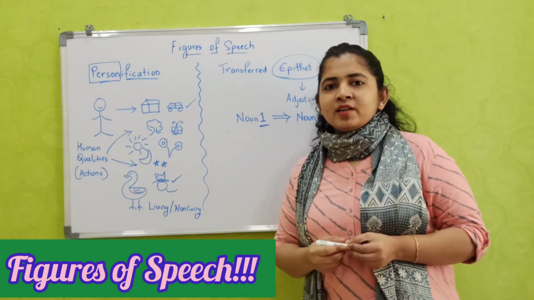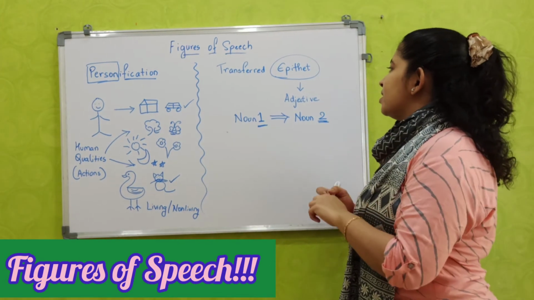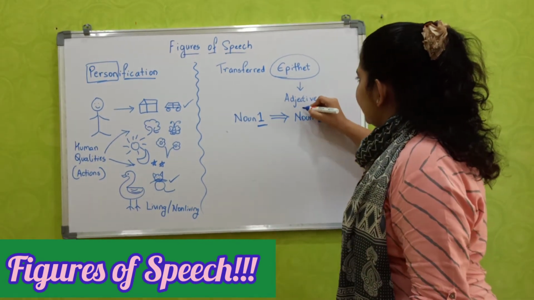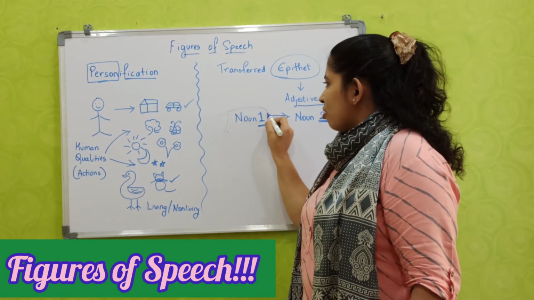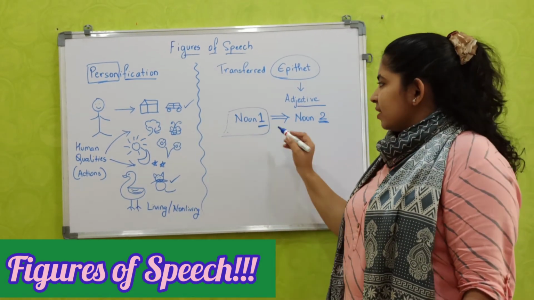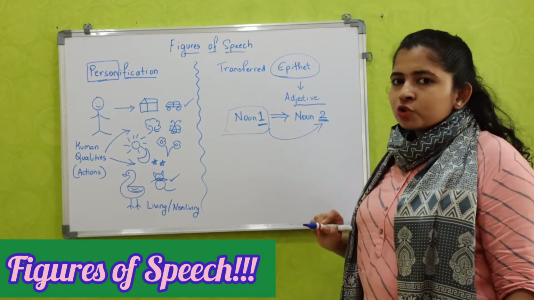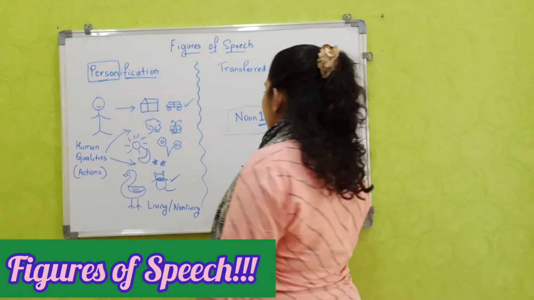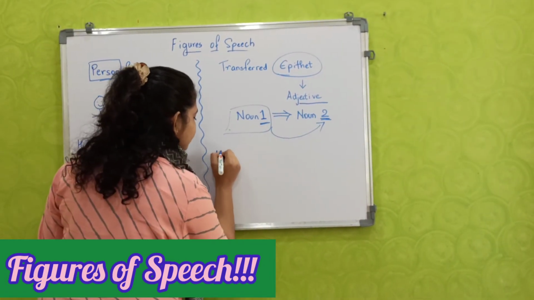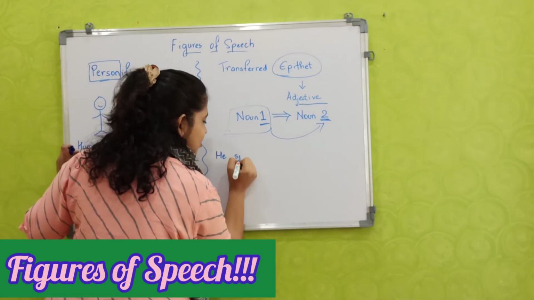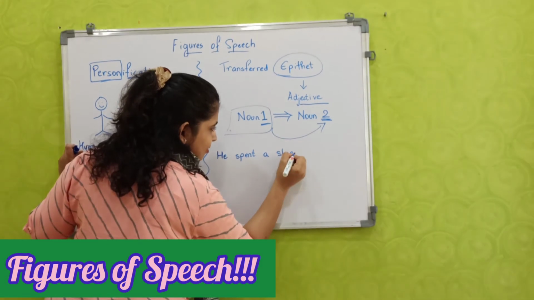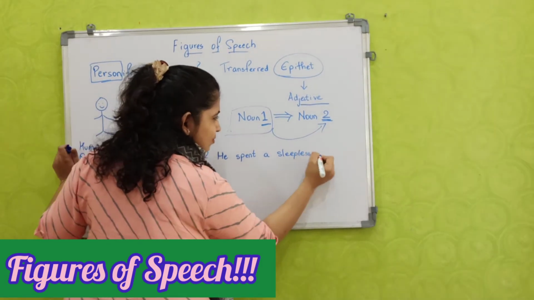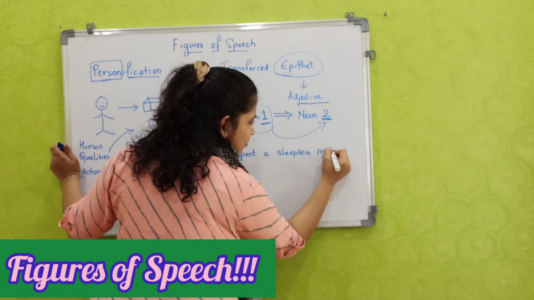Coming to transferred epithet, what I am trying to do is, epithet means adjective. Now adjective is basically of noun 1, but it is attributed to noun 2. How? The simple example is, he spent a sleepless night.